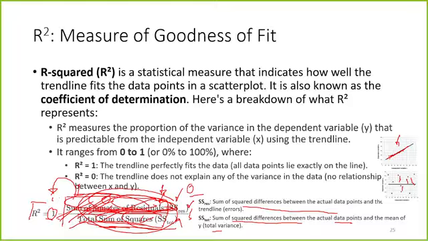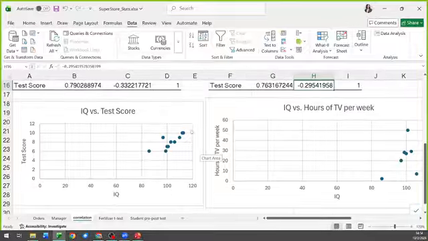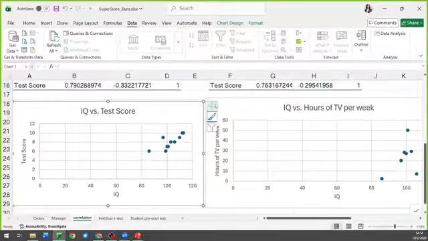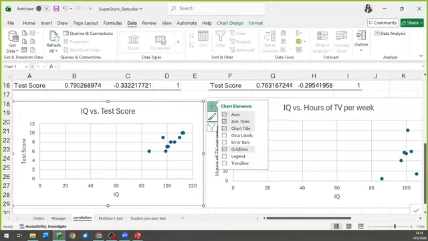Okay, to conclude, r square is the quality measure of your line. So let's come up with that line. How can we do that? Here we can just add the element trend line. But if you want to see the parameters, the equation of this line and the r square, you need to go to options.